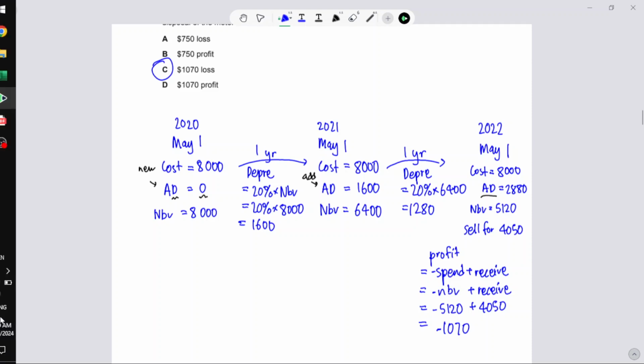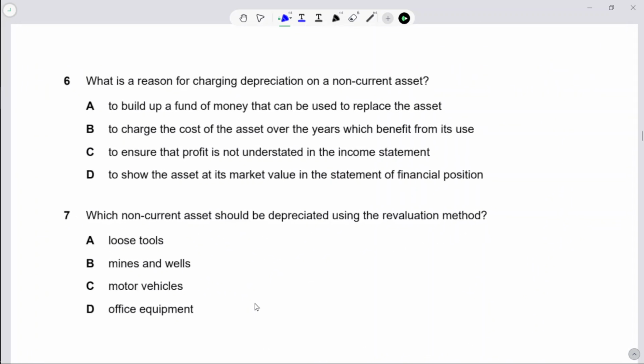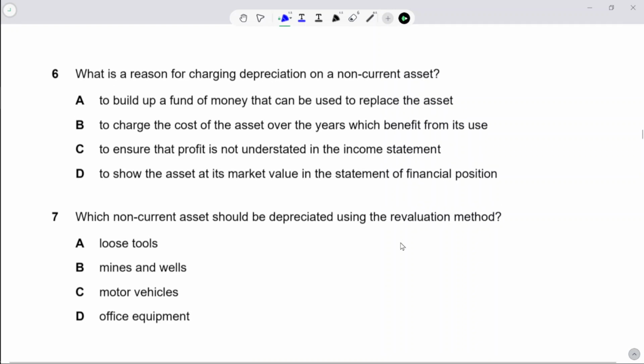Okay, now let me go to the next one. What's the reason for charging depreciation? Find the keyword useful life. So over the years, this is the benefit from the years, actually the useful life.